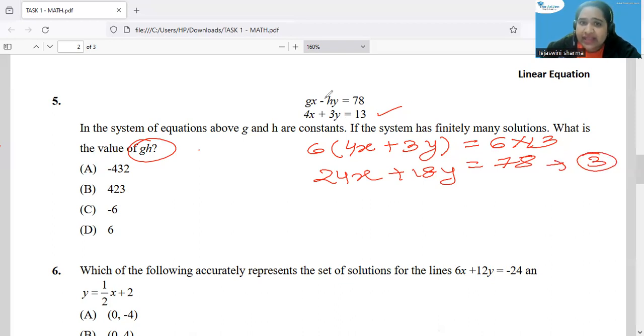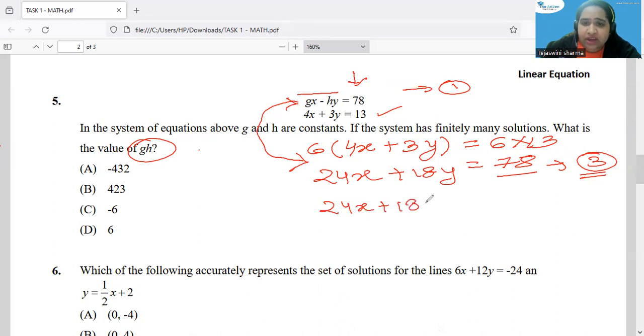Now this equation is the third one, the new one. The right part of equation number 1 is equal to 78. And again in the third equation, which we have just written here, the whole equation is also equal to 78. So when two different expressions are equal to the same thing, they also become equal to each other. So we can put 24x plus 18y equal to gx minus hy.